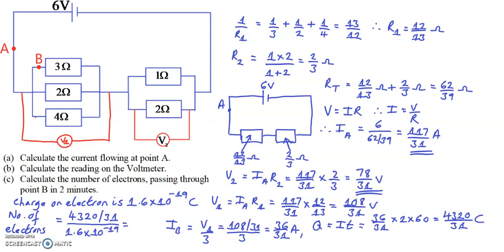And this gives 6.71 times 10 to the power of 20. And that's the answer to part C.